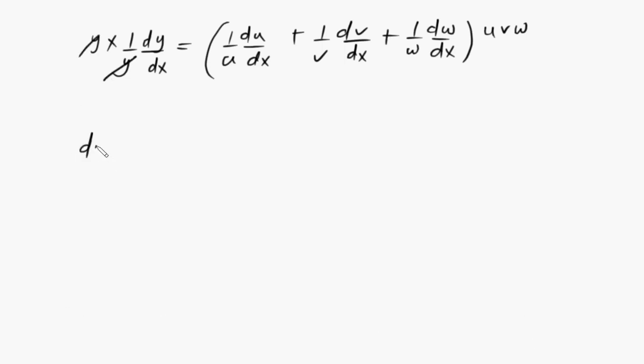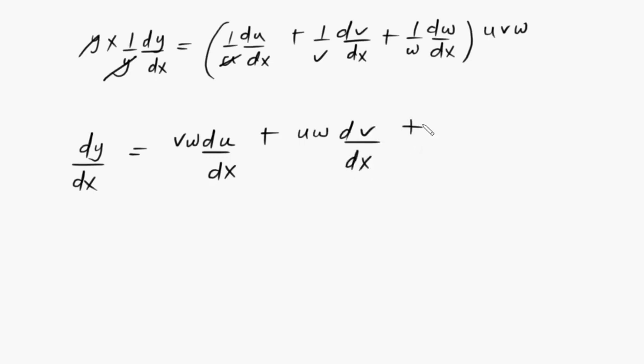I just obtain dy dx is equal to, u and u go, so I remain with vw du dx plus, v and v go, I remain with uw dv dx plus, and w and w go, so I just remain with uv dw dx.